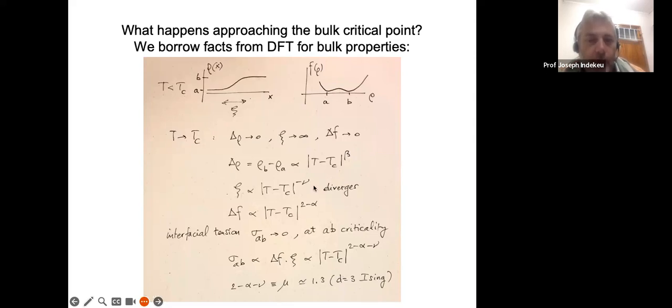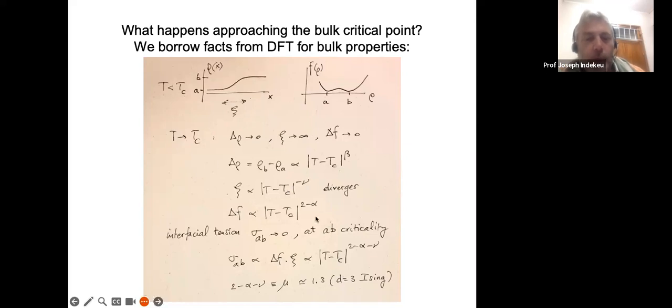Likewise, there is a critical exponent for the divergence of what is called the correlation length, or width of the interface. And that exponent is a negative one. And so the nu that is introduced here is a positive quantity.